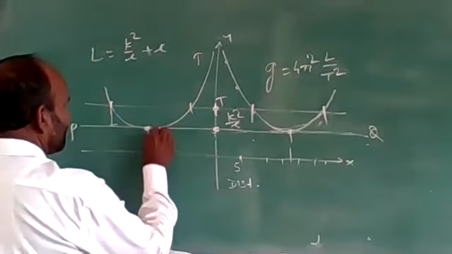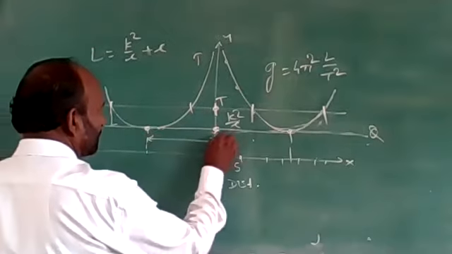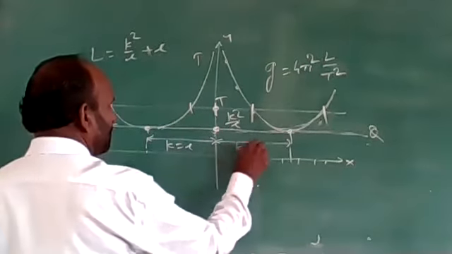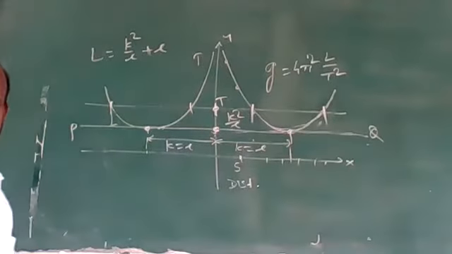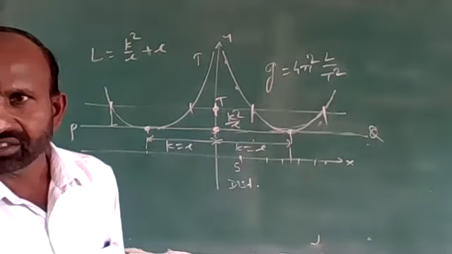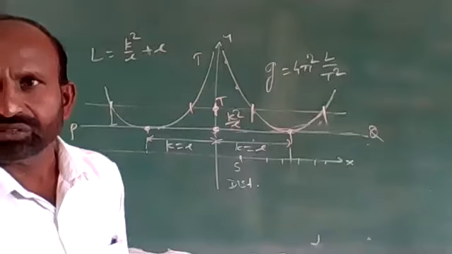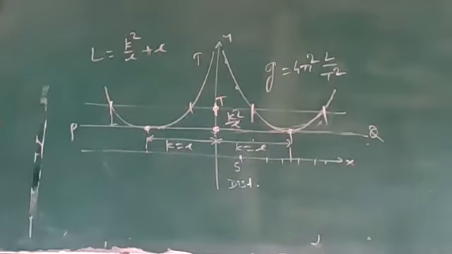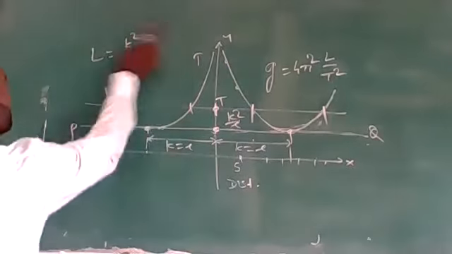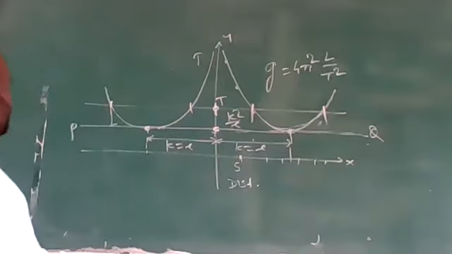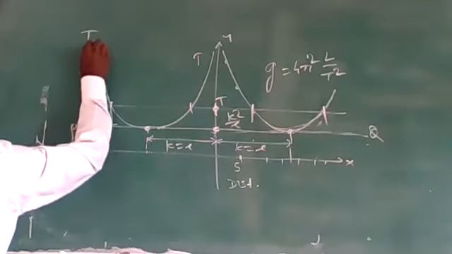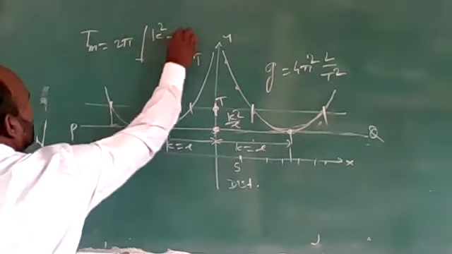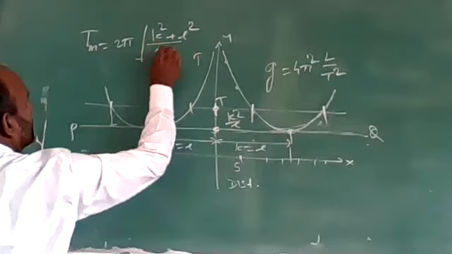So this distance from here to this is k is equal to L. Yes, for minimum periodic time, k and L are both the same. So if k and L are the same for the minimum periodic time, we can have the equation of the period, that is T minimum is equal to 2 pi root of (k square plus L square) upon GL.